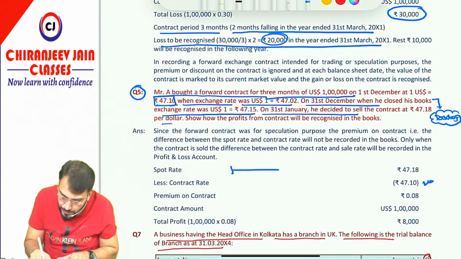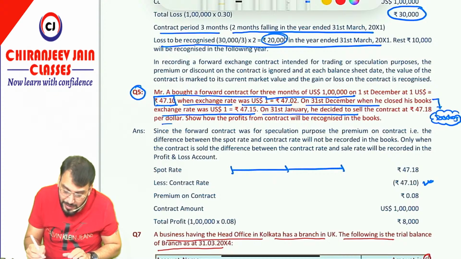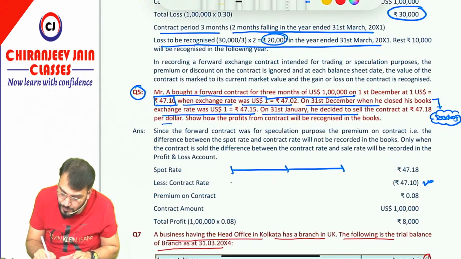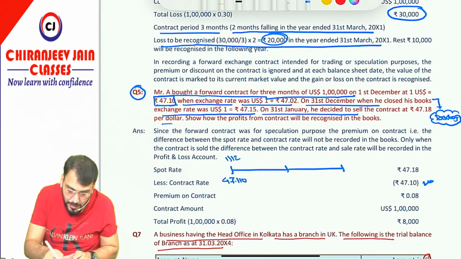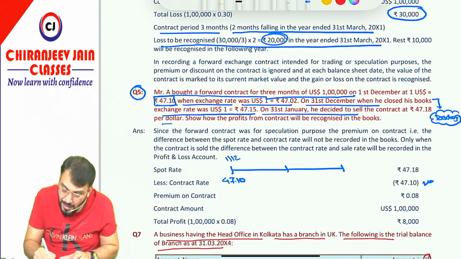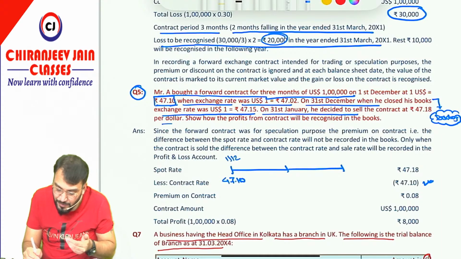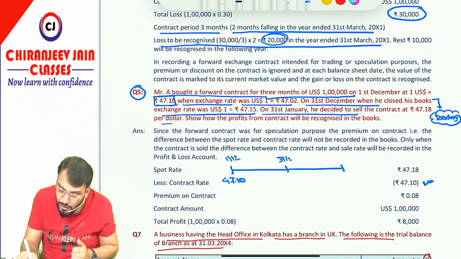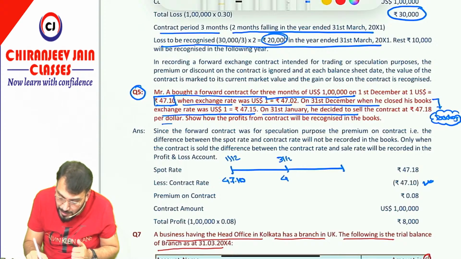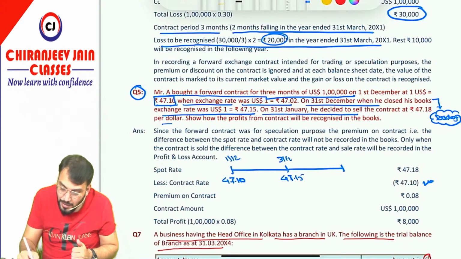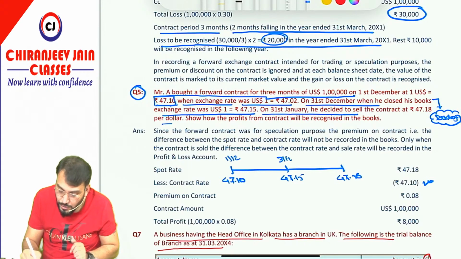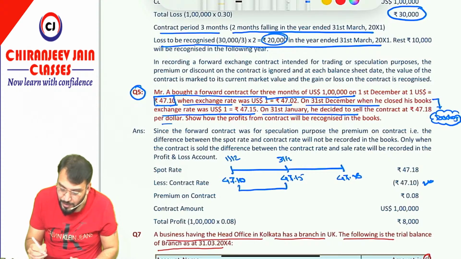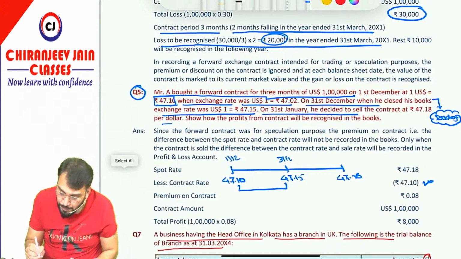Suppose when they purchased, on 1st December, the price was 47.10, correct, and on 31st December when he closed the books of account, then $1 became 47.15 and he actually sold the contract at 47.18. So you can see here there was a profit of how much?